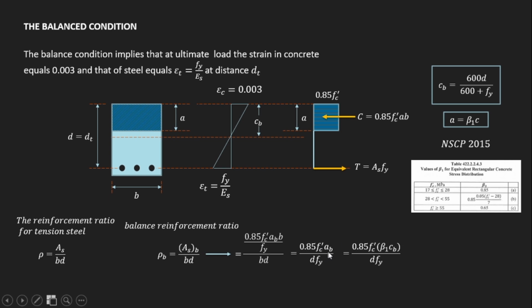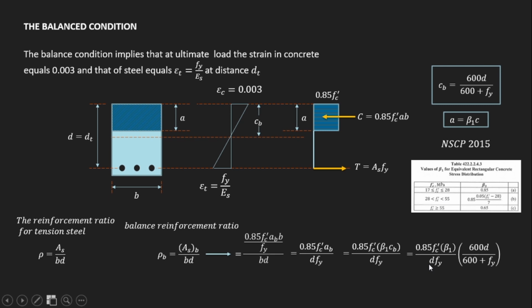And yung a balance nga natin, pwede natin sabihin na that is also equal to beta 1 times c balance. And yung c balance natin, meron din yung equivalent na yung c balance natin is 600d all over 600 plus fy. So, magkaroon tayo ng 0.85 f'c beta 1 all over d times fy times (600d all over 600 plus fy) na ito nga yung value of c balance.